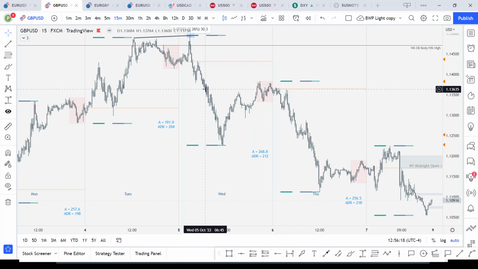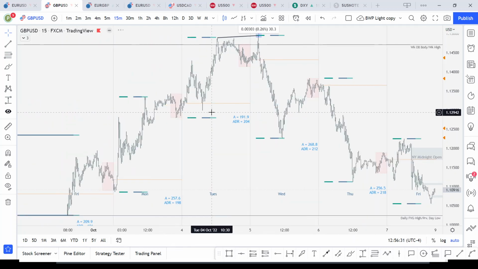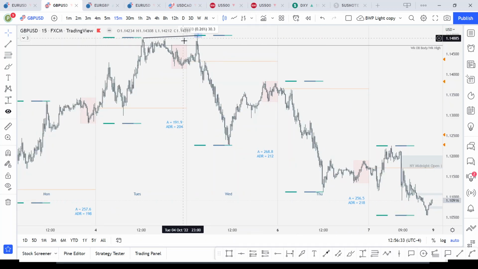So this model is called the one shot one kill model, OSOK model. And the model is basically to catch the weekly expansion, or the expansion for that week.